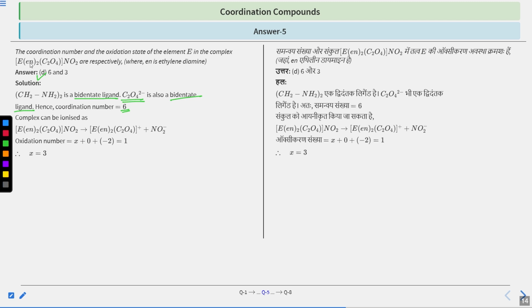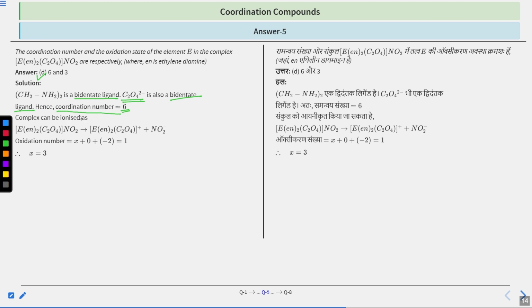So 2 here. Ethylene diamine is also a bidentate, and two ligands of ethylene diamine are present. So 2 times 2 will be 4. So 4 plus 2 will be 6. That's why the total bonds directly attached to E will be 6. So the coordination number of E is 6.